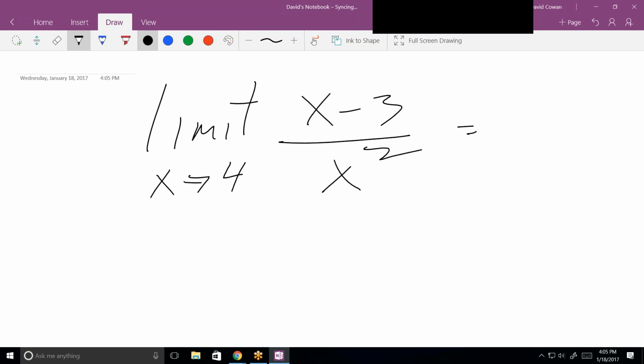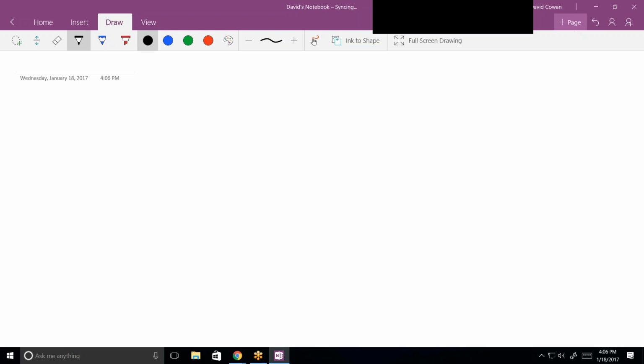1 over, so 1. 1 over what? Actually, as x goes to 4, it would be 1 over 16. Okay. Now, any limit that goes to a number over another number is easy. In other words, when you have direct substitution like this, then it's particularly easy.